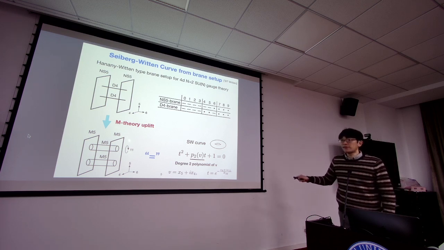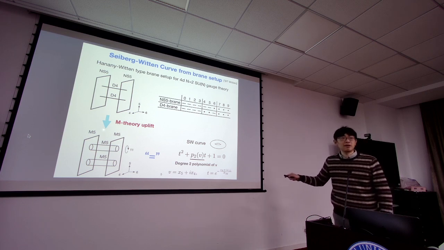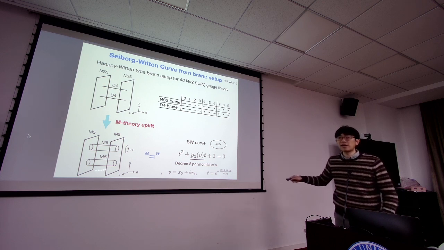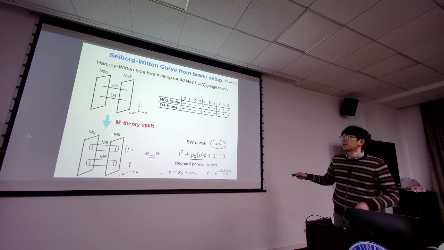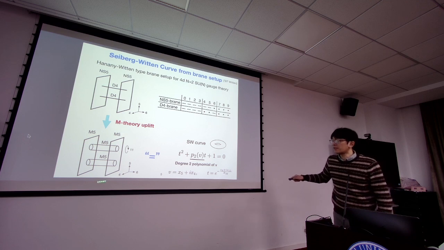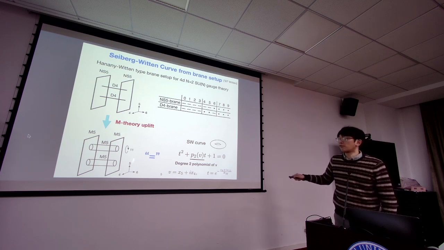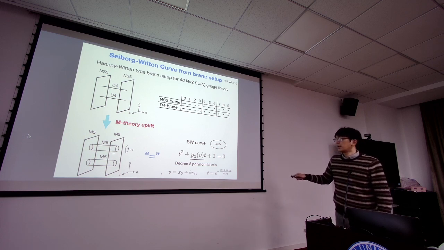Once we find this M5 brane configuration, because everything is an M5 brane, instead of regarding this as multiple connected M5 branes, we can think of this as one M5 brane with a complicated configuration.